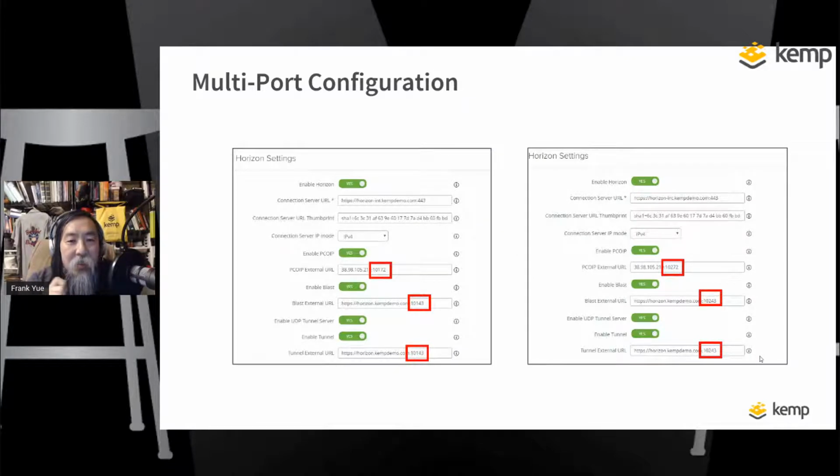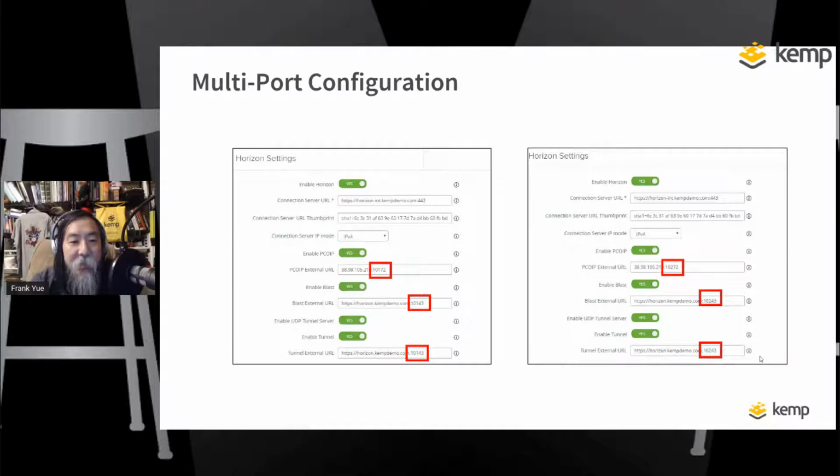On the Horizon UAG configuration, we want to make changes. You can see we now have two different windows, because we have the UAG with the .90 IP address on the left-hand side, and the .91 IP address UAG on the right-hand side. And we need to make sure that they're different.